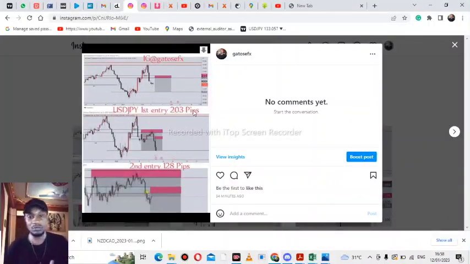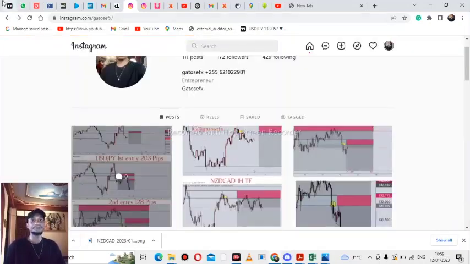I just closed this trade very recently, with three entries. The first and the second entry were taken from the same spot with 203 pips. The third entry, I took today at 1-hour liquidity, with 128 pips. So let's get back to the chart.